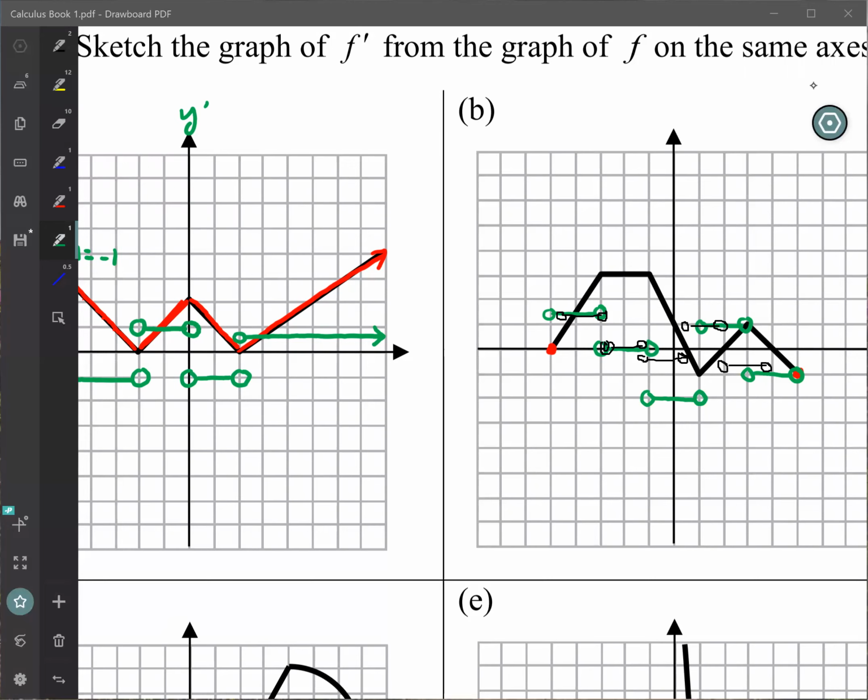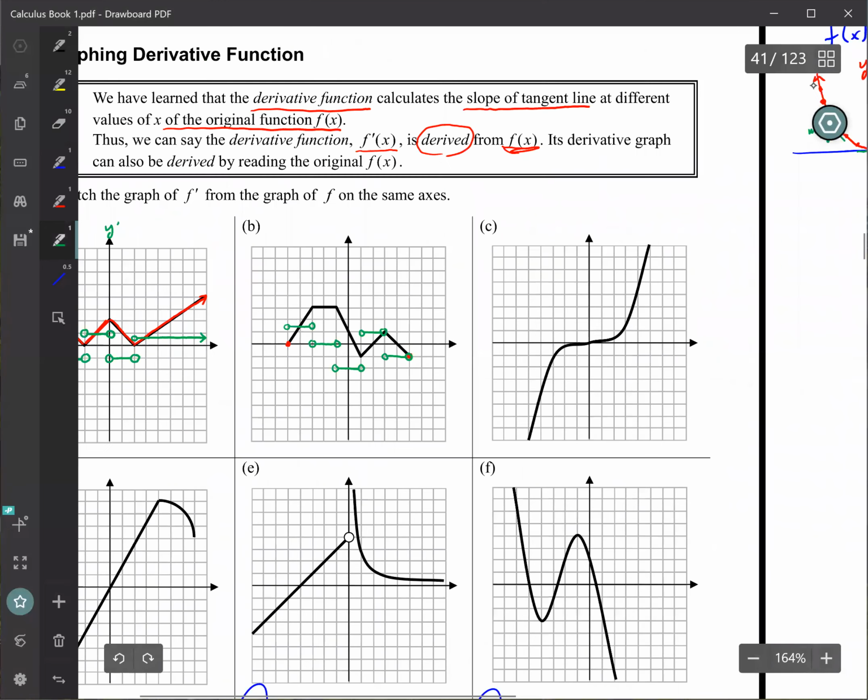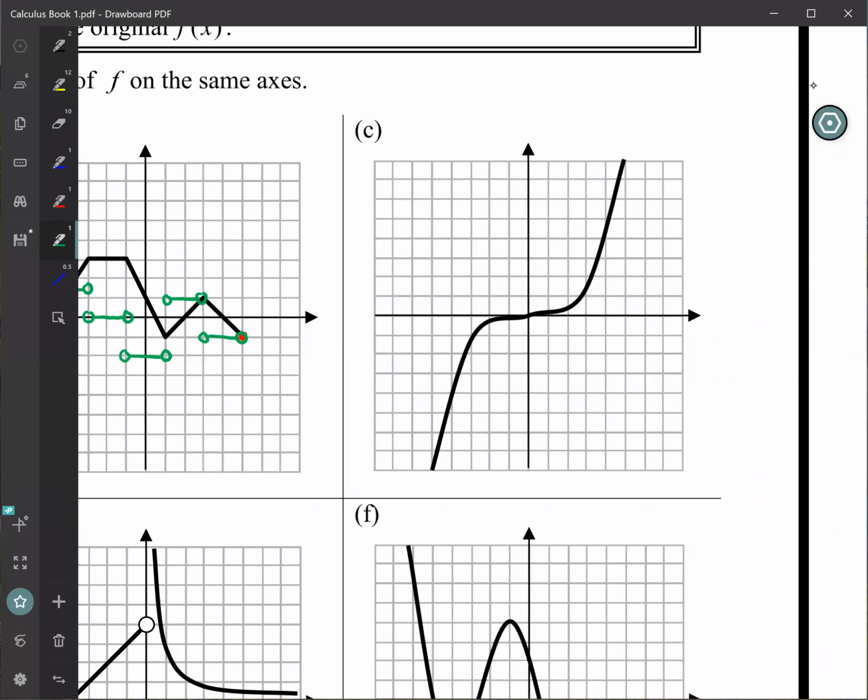Okay, so next graph. Now we have a curvy one, right? For the curved ones, usually we need something that's easy to find, because it changes. That means the tangent line. I will draw the tangent with red now, okay? So for example, I could have a tangent here and tangent there.